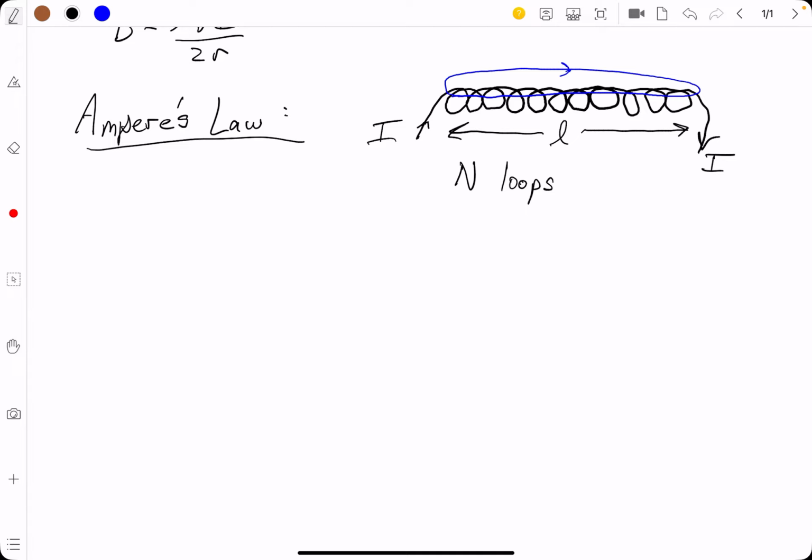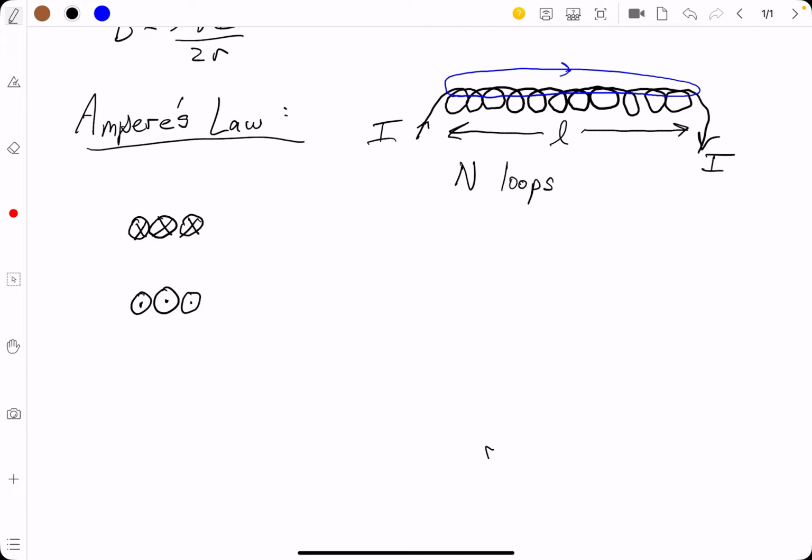So let's say that at the top the current is going into the page. At the bottom the current is coming out of the page. Well, every single one of these loops has that happening because it's a coil, right? It's a solenoid coil.